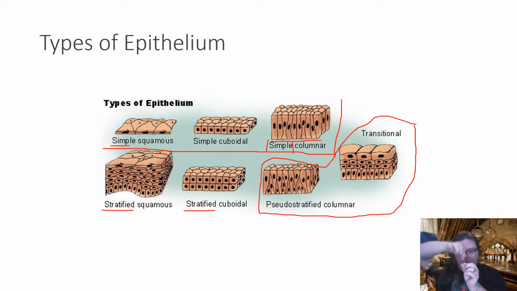And simple columnar is elongated. It looks like a rectangle, typically. But you see that it goes from the apical surface, we're going to say this is the non-stained portion of the cell, to the basal membrane. Okay.